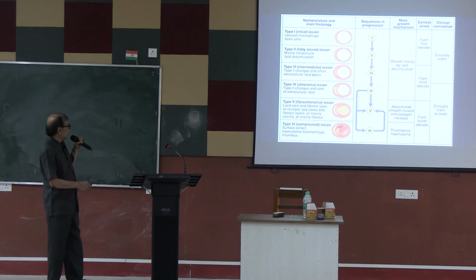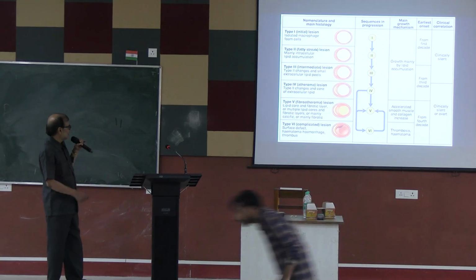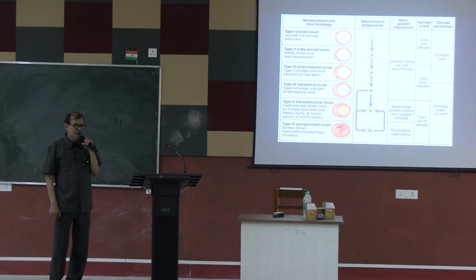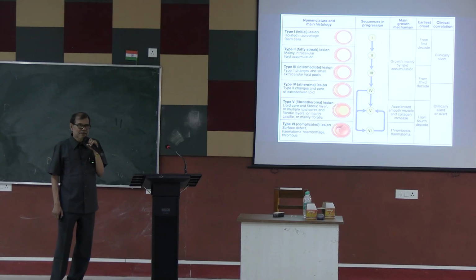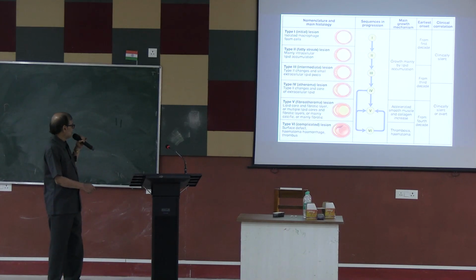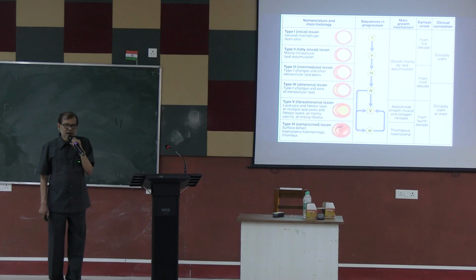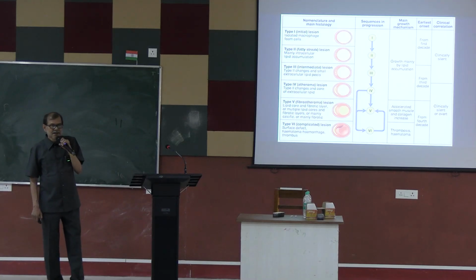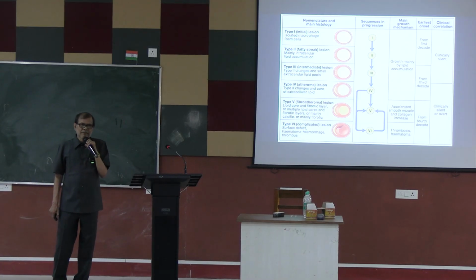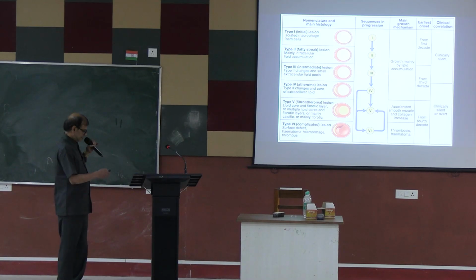Type 4, atheroma, that is the core of extracellular lipid. Type 5, fibroatheromas or fibrolipid plaque. And lastly, the complicated lesion, that means either encroachment of the lumen or being subject to ulceration, fissuring, or rupture.